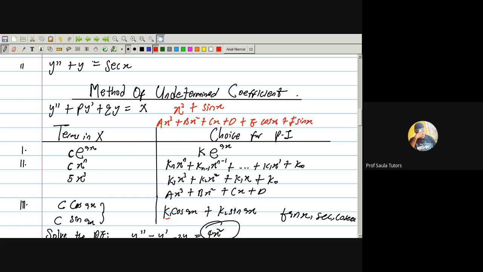It's very simple, that's how we just do it. Assuming sine 3x, you say e cos 3x, f sine 3x, and so on like that. So you add it together.